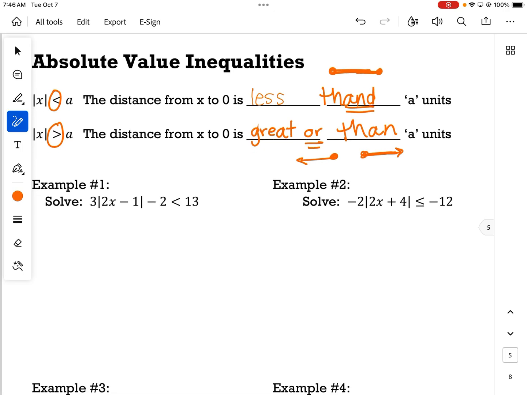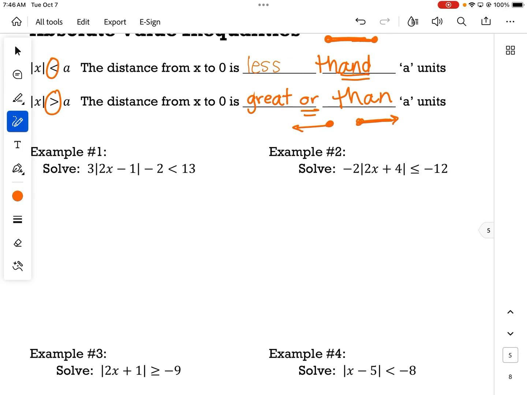So let's start with example 1. We would need to solve it out, get the absolute value by itself, and then we can decide how it's going to be shaded, and we'll go from there. So we're going to add 2 to both sides.